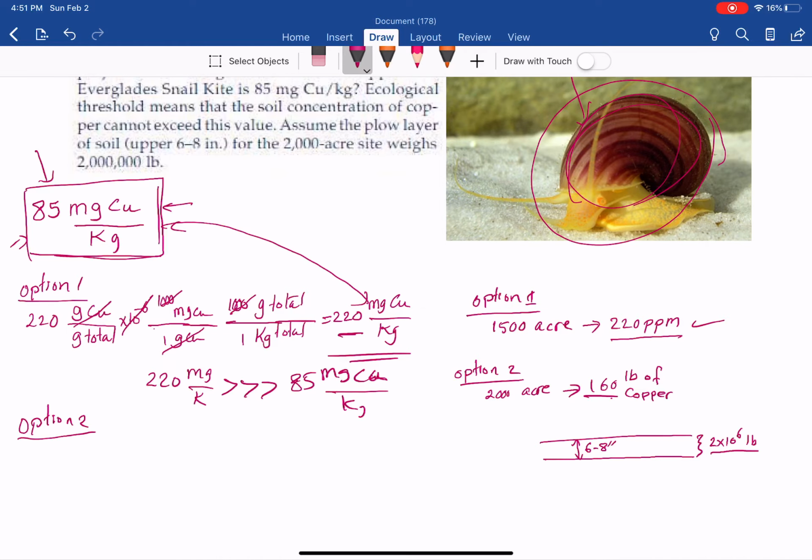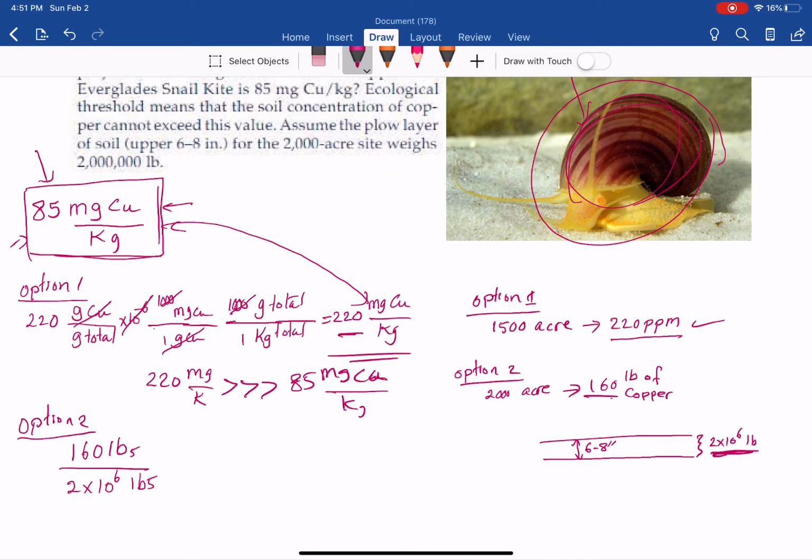In option number two, there are 160 pounds uniformly distributed throughout the soil. And he told you that the soil, 6 to 8 inches throughout, is 2 times 10 to the 6 pounds, 2 million.